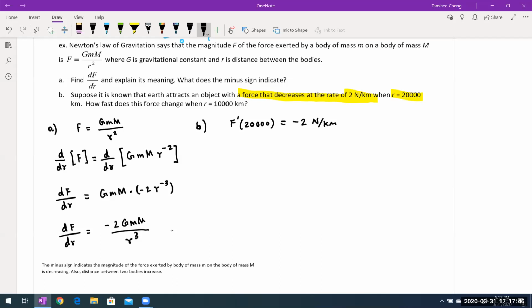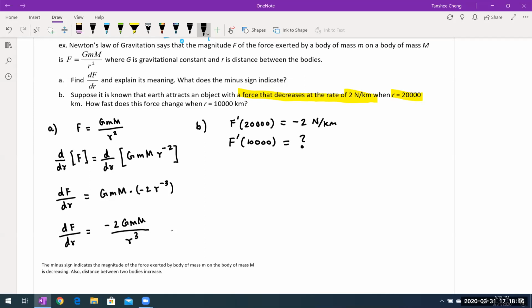That's how it's interpreted, because that's talking about the rate of change of a force at a particular distance. So the force is decreasing 2 Newton per kilometer. Now what we are interested in is finding how fast the force is changing, that is, the rate of change of the force when the distance is only 10,000 kilometers.